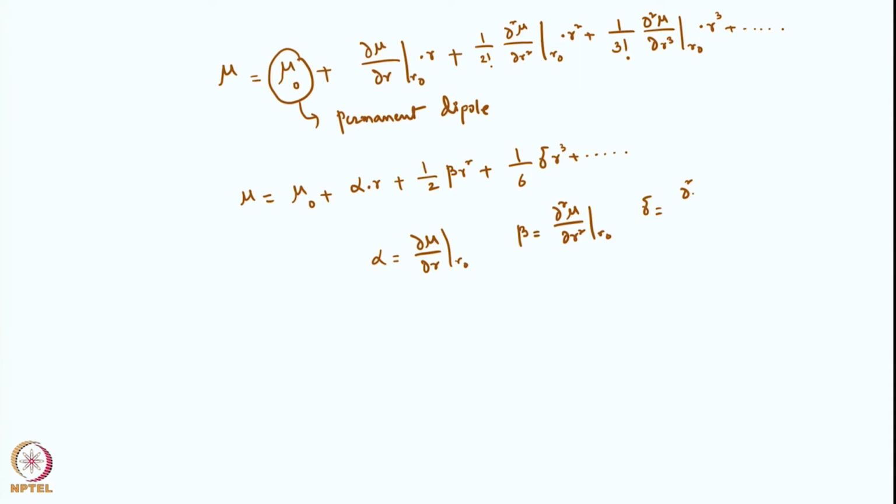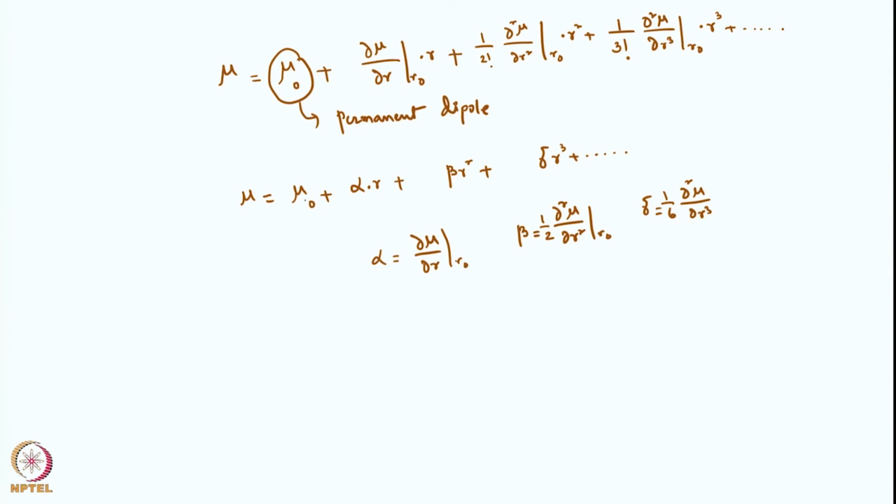Actually, one could take even the constants into it, so if I write this as half, then I can delete this, and then one can write 1 over 6 d cube mu by dr cube. Okay. So, one can write such an equation.